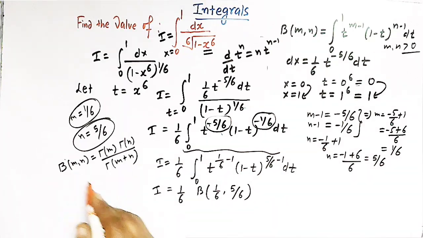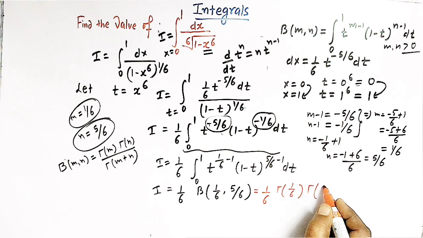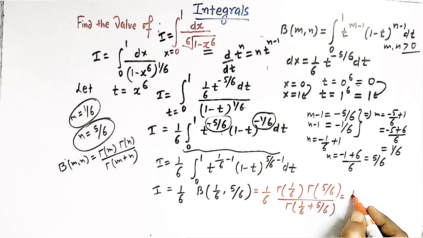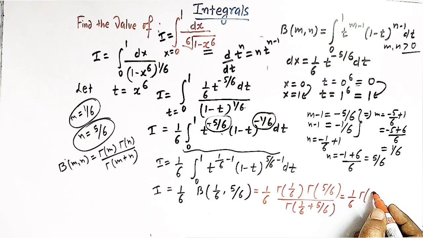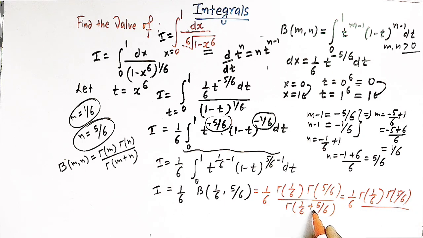Using this relation, we can now write 1 over 6, then gamma 1 over 6 times gamma of 5 over 6 divided by gamma of 1 over 6 plus 5 over 6. 1 over 6 plus 5 over 6 is 6 over 6, that is equal to gamma 1, and gamma 1 is equal to 1. So here we have 1.